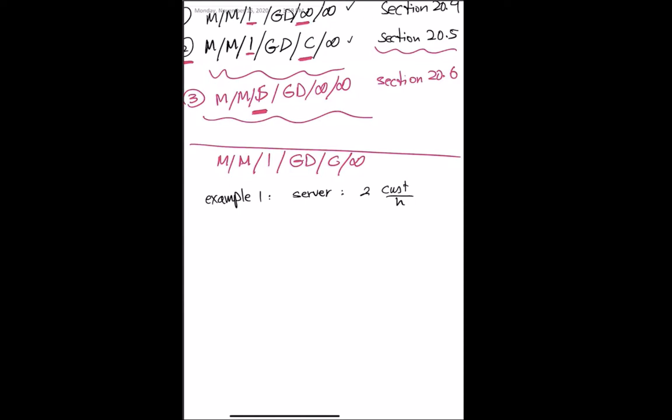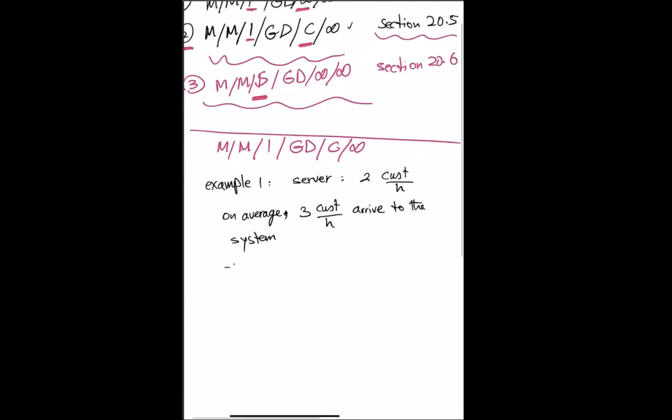And on average, three customers per hour also arrive to this system. And one other thing that we know is that inter-arrival and service times have exponential distribution.